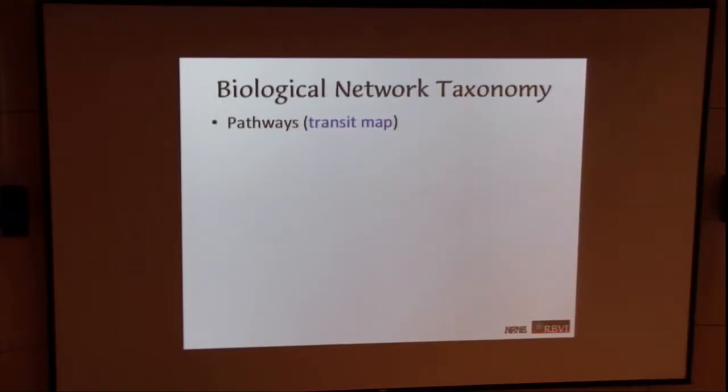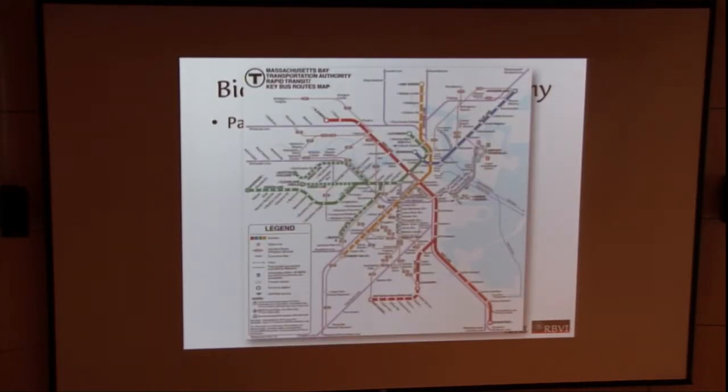Okay, so here's the taxonomy. For those of you visualization people, this is a pathway. Okay, everybody get it? What's different about this? Is this an accurate map? Answer, no. It is not an accurate map. When you think of pathways, they are not accurate maps.